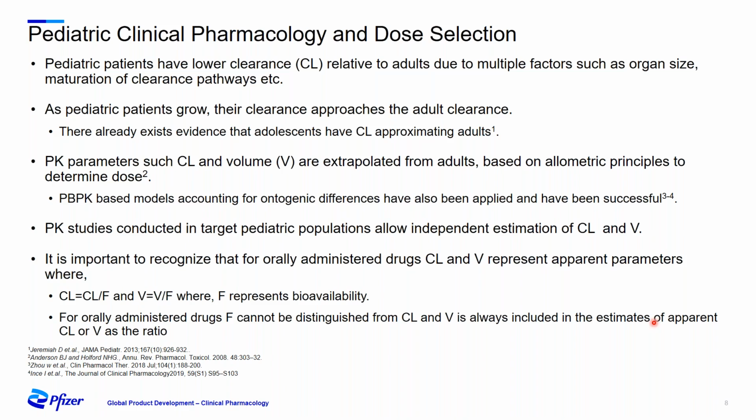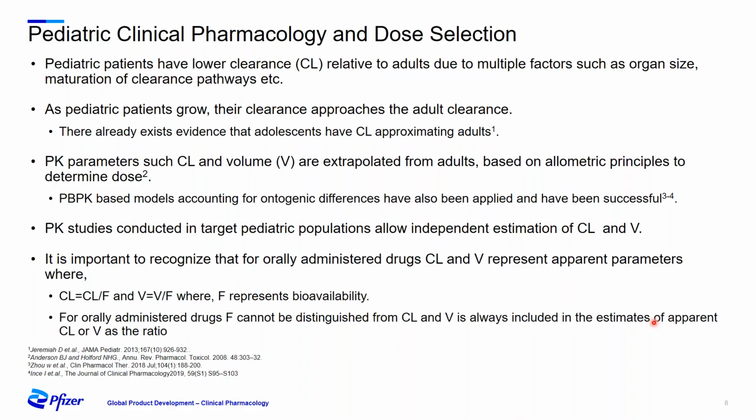The PK studies conducted in the target pediatric population allow independent estimation of clearance and volume. And now a small technical note about the estimation of clearance and volume that we obtain from pediatric studies. For orally administered drugs, clearance and volume represent apparent parameters, where clearance is clearance by F, where F represents bioavailability, and volume is volume by F, where F again is bioavailability.